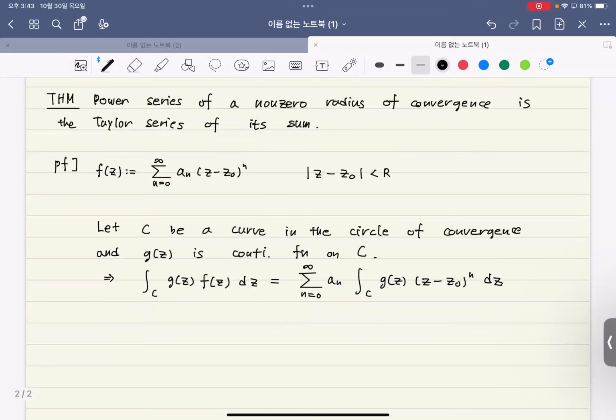Okay, so by a clever choice of function g of z, I may be able to prove that a_n is actually the coefficient given by the Taylor series.